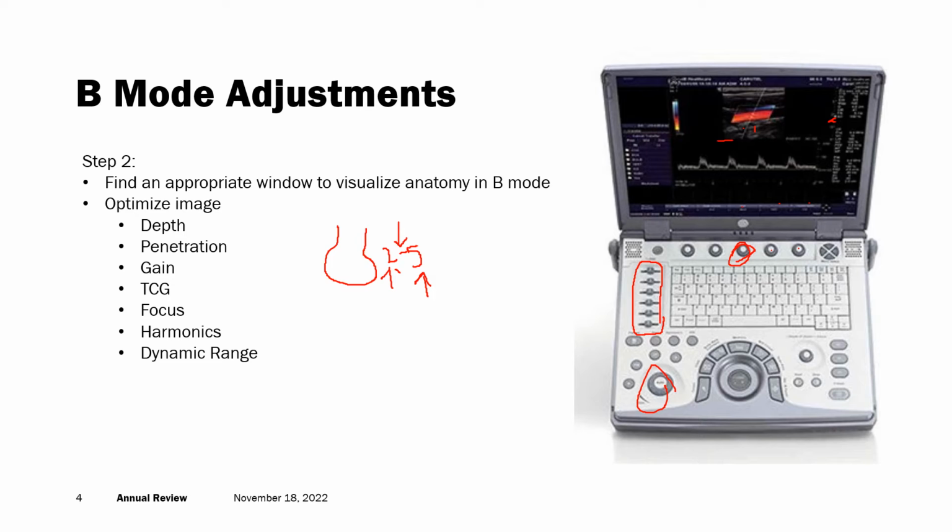And so if we want to be able to differentiate two items that are closely arranged together side to side, we need to optimize our lateral resolution. And so by setting our focus, we can enhance that resolution and make anatomy a lot easier to see.